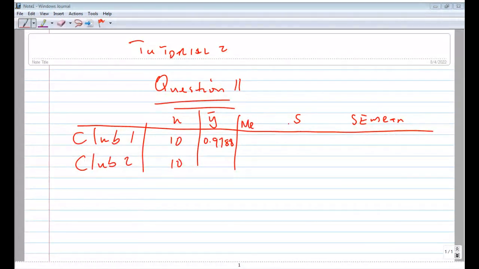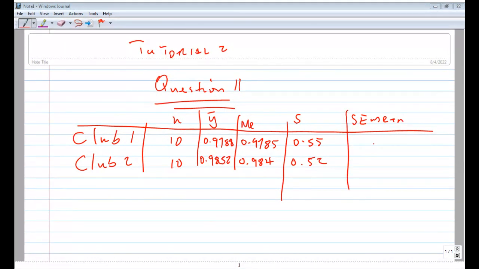So this one is a median, 0.9852. Median is 0.9785, 0.984, 0.55, 0.52.